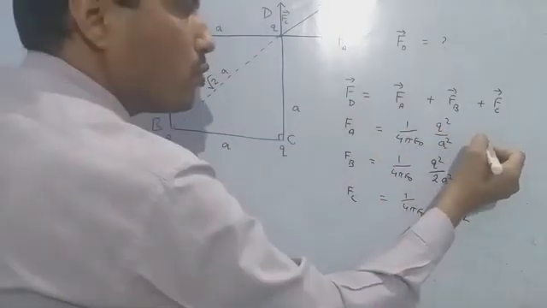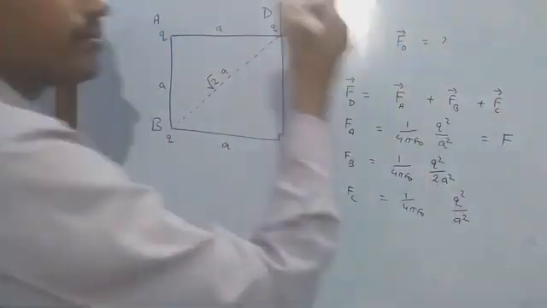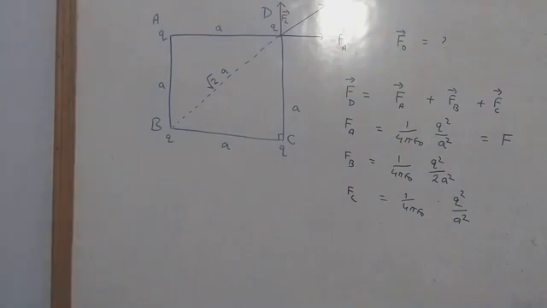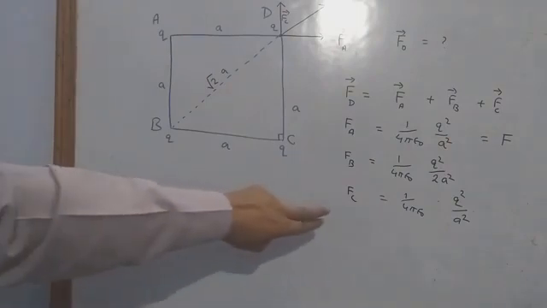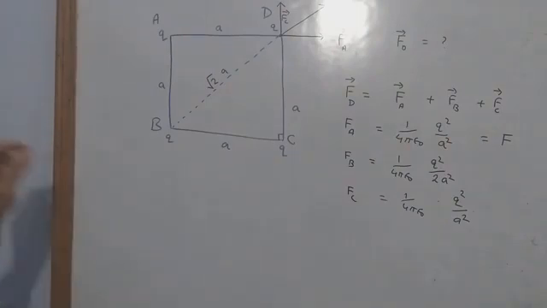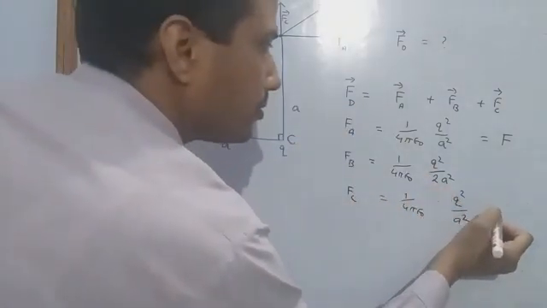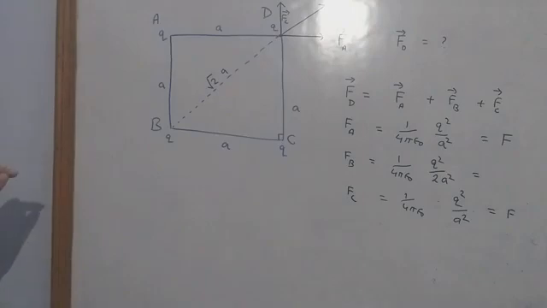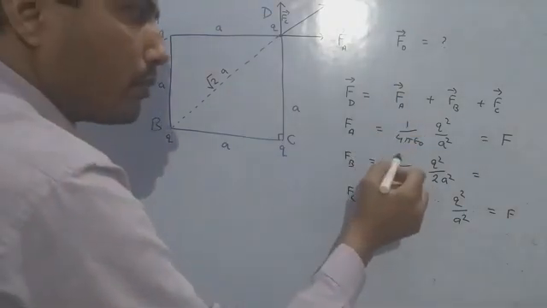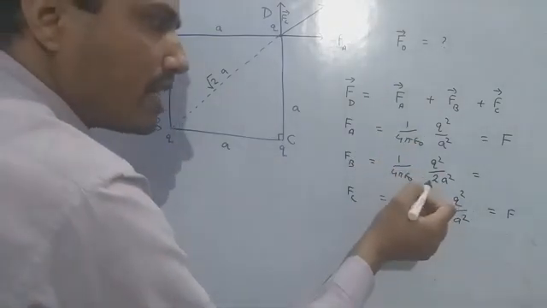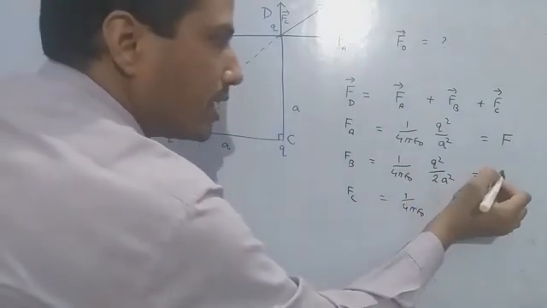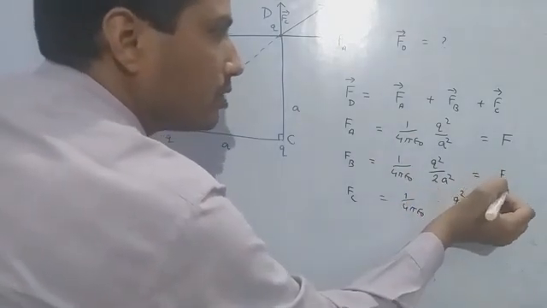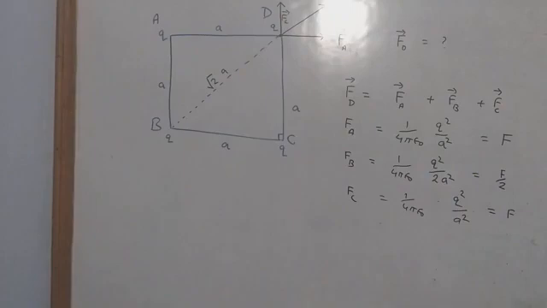If I write this force as F, magnitude I will take it as F. Then you can guess Fc will also be F. What will be Fb? It is F and there is a factor 2 in the denominator, so I will write it as F by 2. So these are the values of these forces and the directions are indicated in the figure.